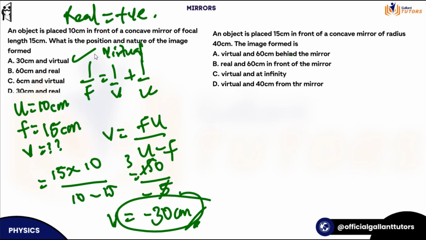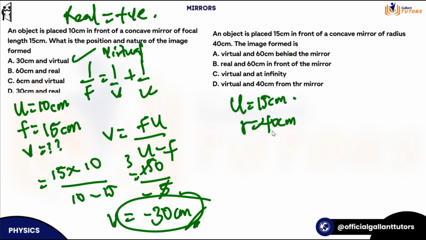Okay, the next question. An object is placed 15 centimeters in front of a concave mirror of radius 40 centimeters. The image formed is what? Let's solve with the same procedure. You can pause the video and solve. All right. Now we have our U to be 15 centimeters. We have our R to be 40 centimeters.